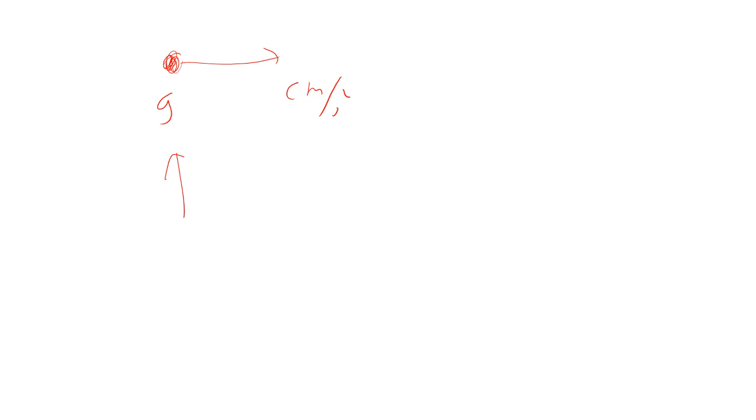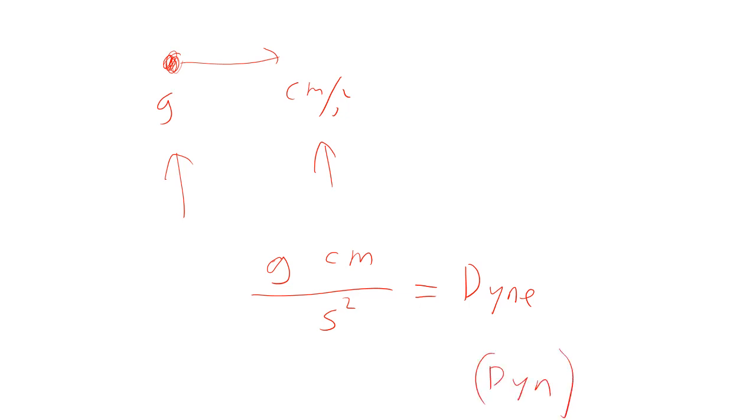Well, that's also mass, that's also acceleration. So we could define a unit of force that's a gram centimeter per second squared, and that is called a dyne. Now, the official abbreviation for dyne is DYN, which is why you never really see dyne as an abbreviation, because that's silly.